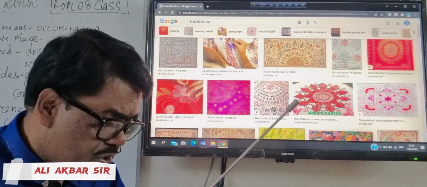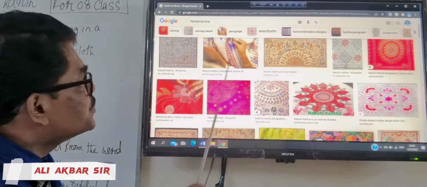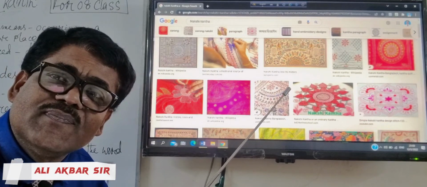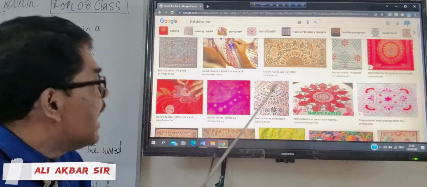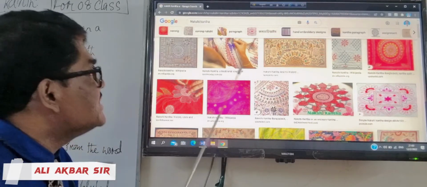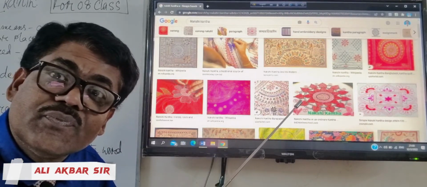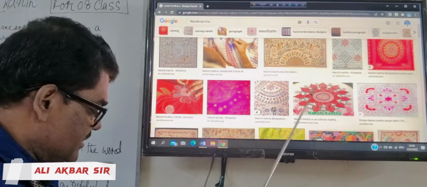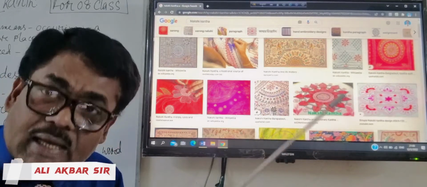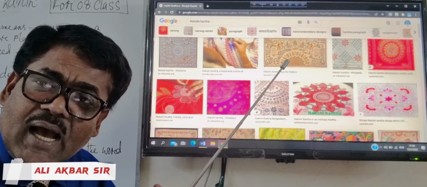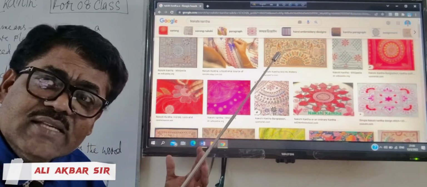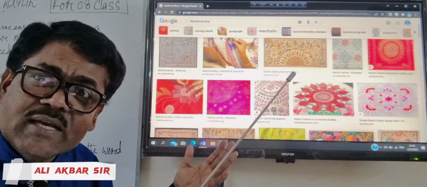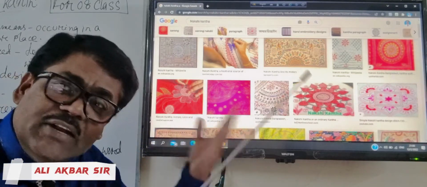Students, what do you see in this image? What is it called? Dear students, look, there are so many images. You see these things in the image, and you use them in your house.